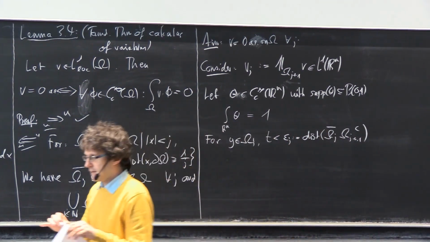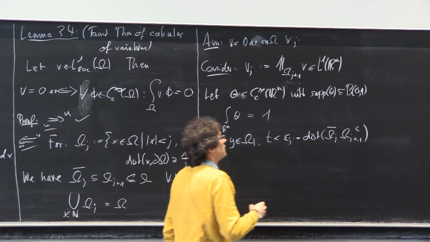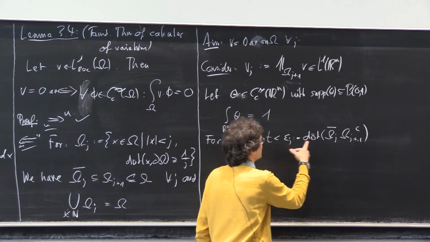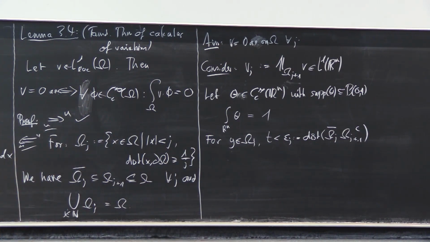So we have these increasing sets omega j, and they all have strictly positive distances, and I take a t that is less than the distance between omega j and anything that is not in omega j plus 1.